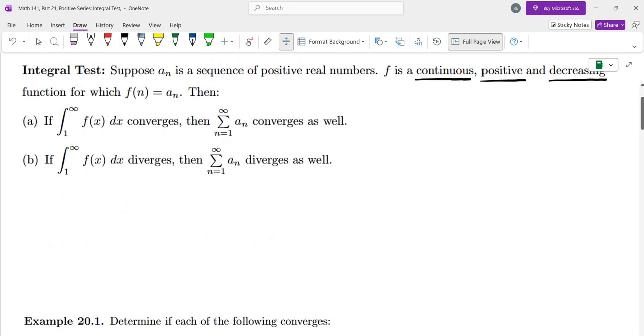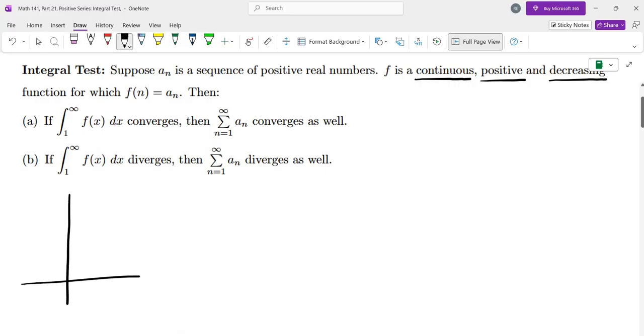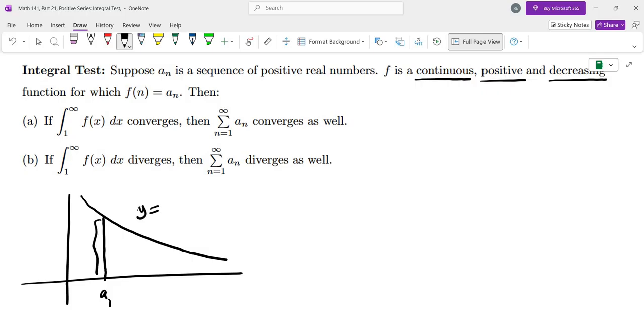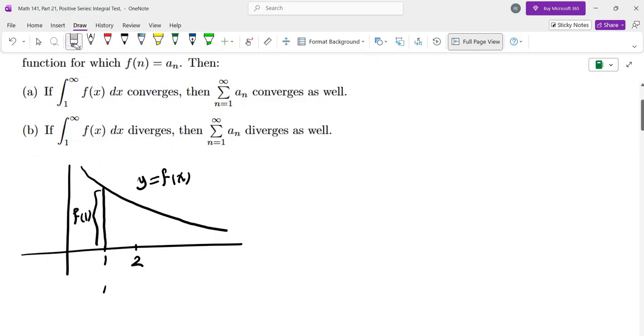So what's the idea of the integral test and why does this work? If you look at the integral of f of x, let's assume that our sequence starts with f of 1, so this is y equals f of x, this one is f of 1, and then the next one is a2. This one is basically 1, this one is 2, this one is 3, etc. If you look at these areas, the area of this rectangle here is base, which is 1, times height, and height is f of 1, which is a1.